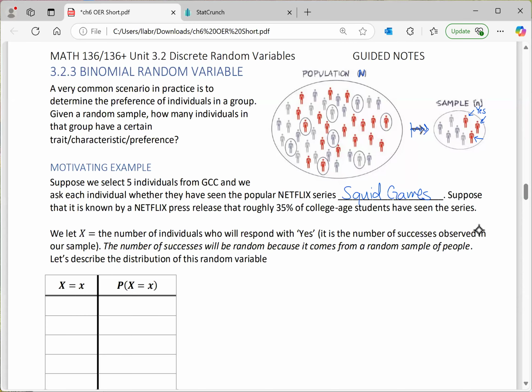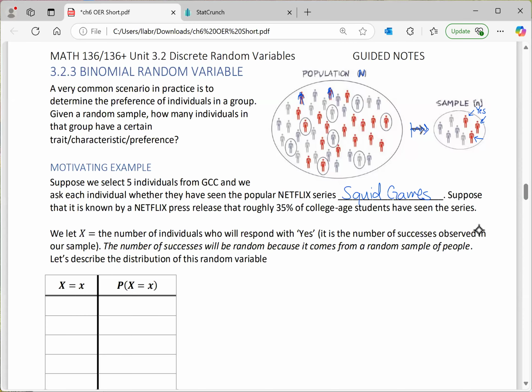Now, if Netflix announces that roughly 35% of college age students have seen the series, then that would be these individuals here in the population, that roughly 35% of them have seen this show. So this gives you an idea of how people should respond. If you just pick someone at random and ask them, have you seen Squid Games?